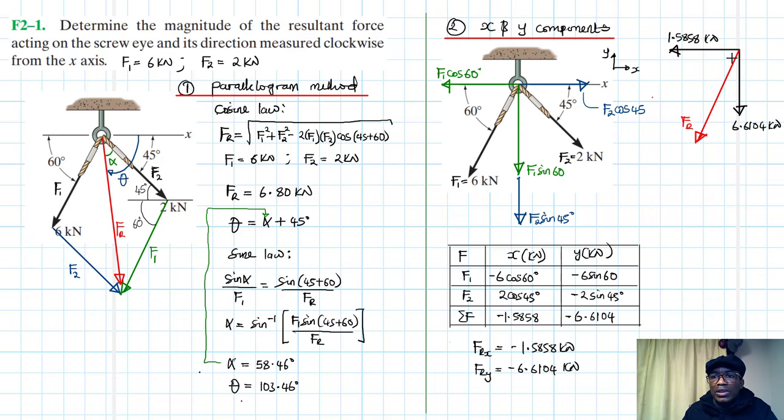And we also need to find the angle. Mind you, the angle that we are going to find here is this one here. Let me call it beta. But we need another angle because the question is to find the angle measured with reference to the x-axis.